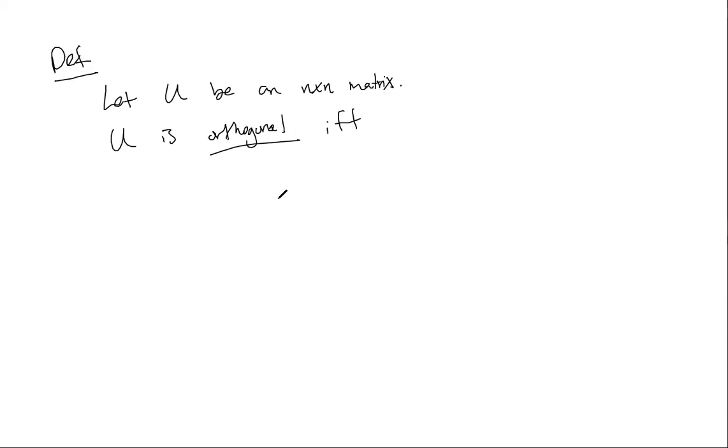Well, its columns are orthonormal. And because it's an n by n matrix, one way to say this is that U transpose U equals the identity, which implies, since it's square, that U U transpose equals the identity.